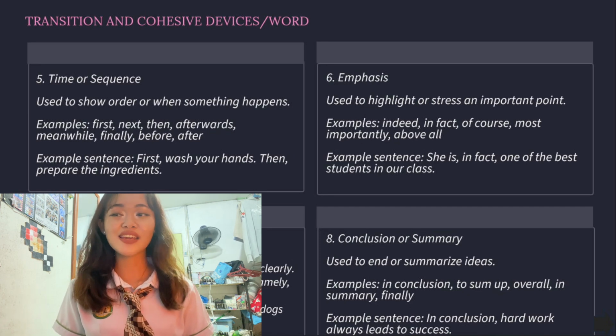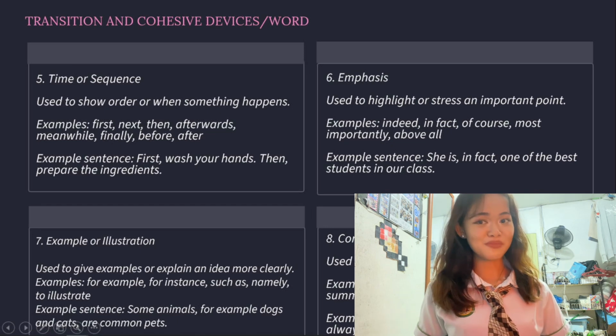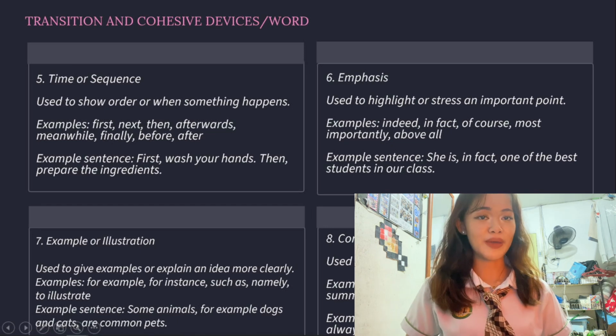And then finally, for my part, we have the example or illustration. It is used to give examples or explain an idea more clearly. Examples include for example, for instance, such as, namely, and to illustrate. For example, some animals, for example, dogs and cats, are common pets.